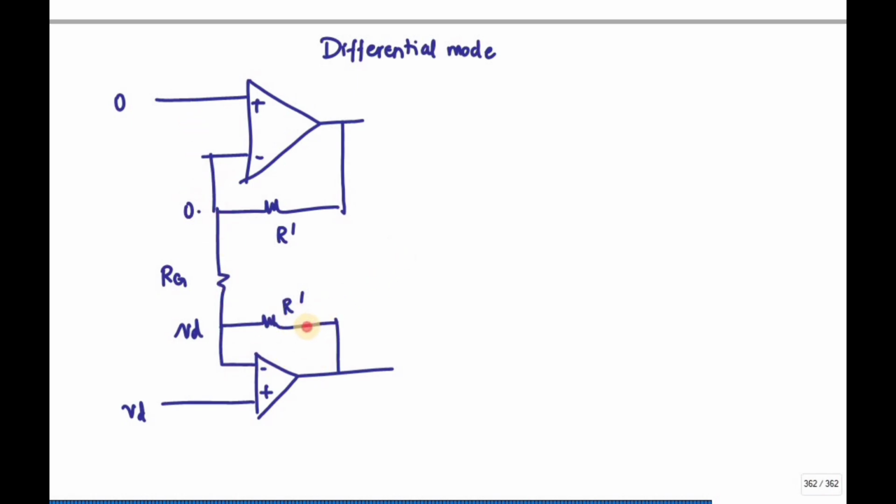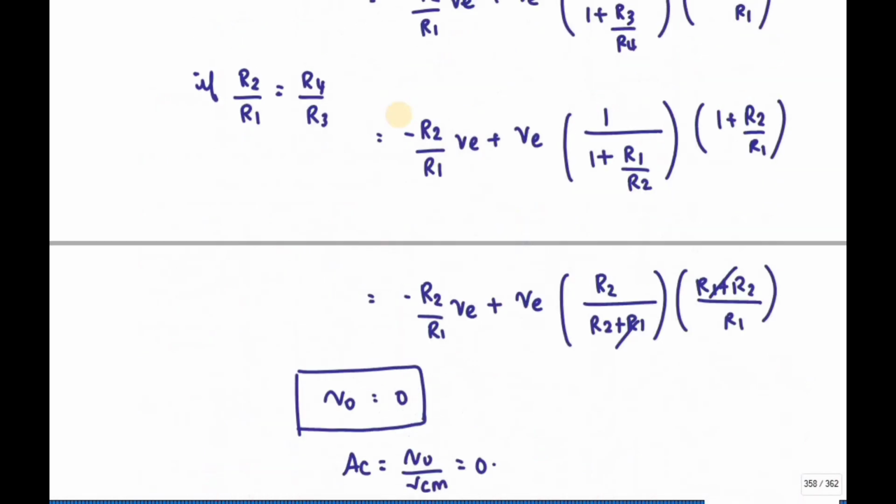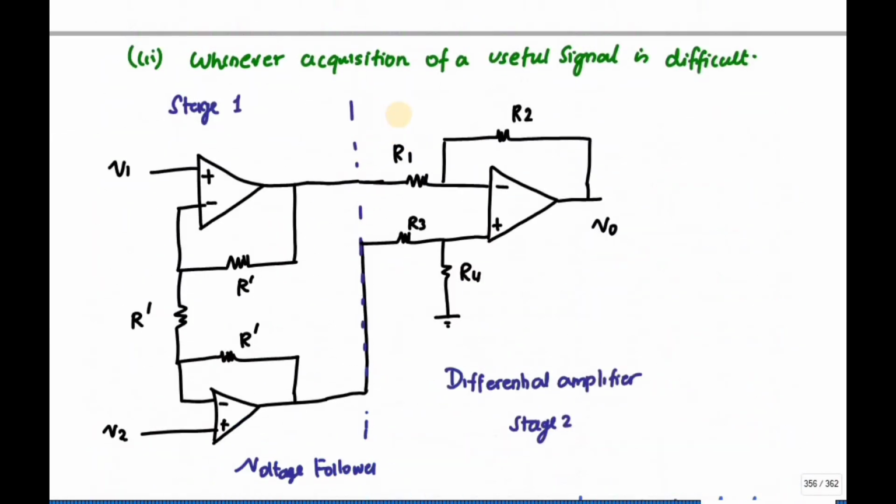So I can write the current flowing through this one is I1, this one is I2 and this one is I3. We know that these currents I1, I2 and I3 are the same. Let me take these nodes as VA and VB.